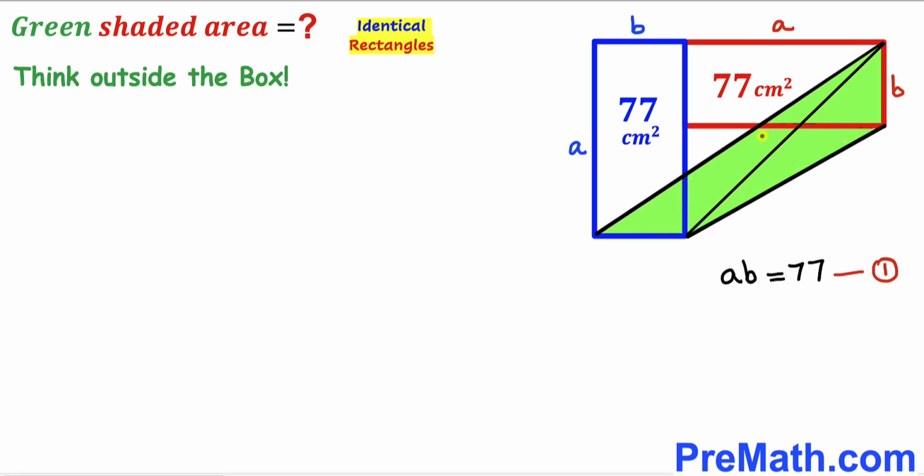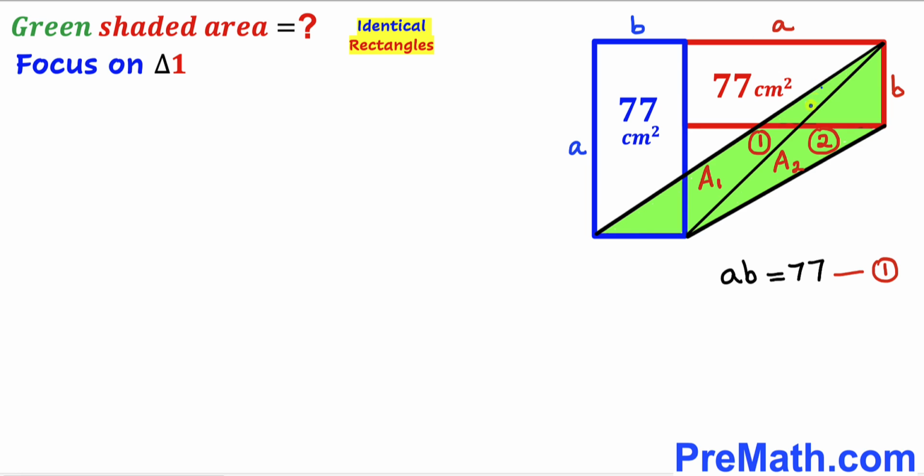Let me go ahead and label this triangle as triangle number 1, and this is triangle number 2. And likewise, the area of this triangle 1 is going to be a sub 1, and the area of this other triangle is going to be a sub 2.